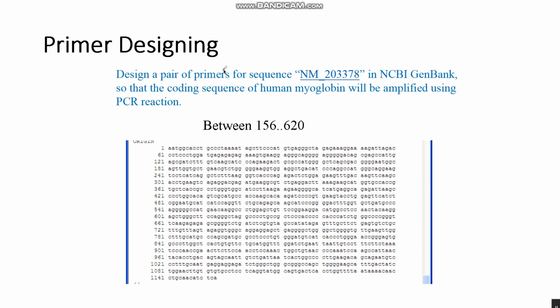And now we have a real life example. First of all, we are going to design a pair of primers for the sequence NM_203378 in NCBI GenBank. That is the coding sequence of human myoglobin.